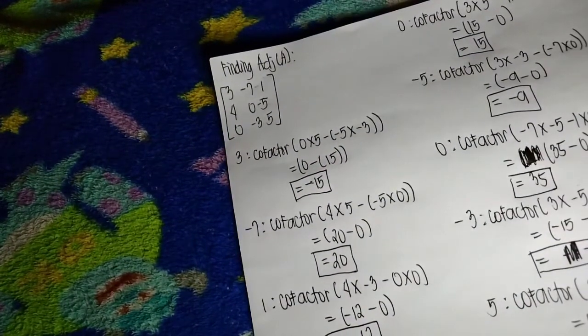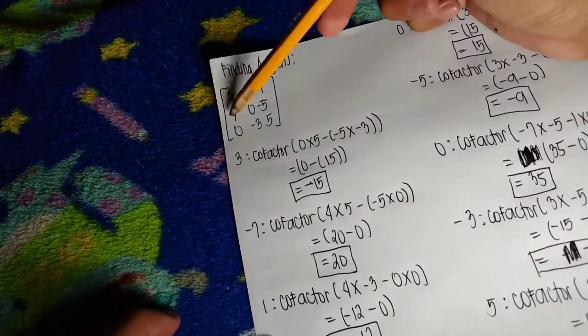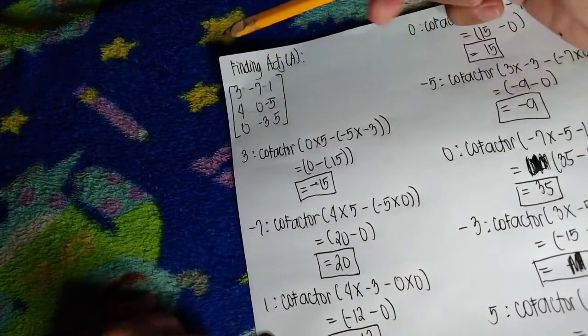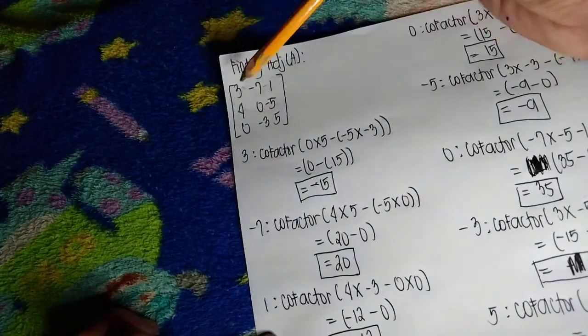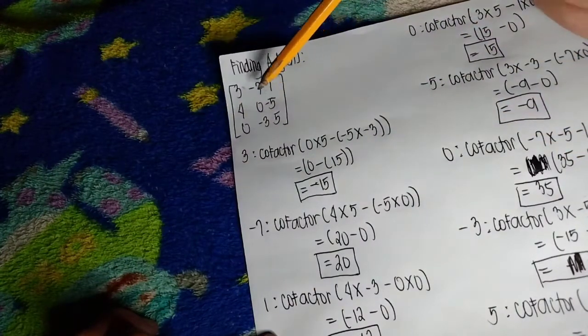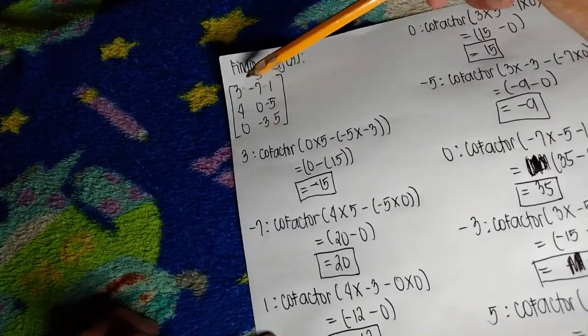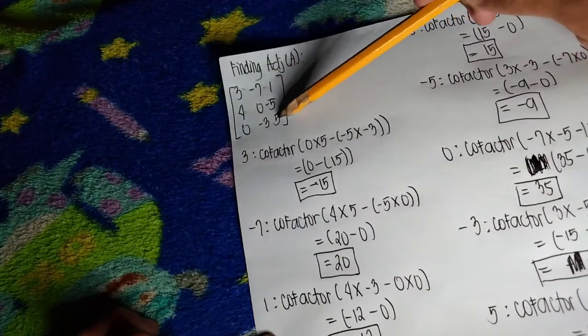So first row ang ating uunahin, tsaka second row and third row. In first row, our number is 3. So 3, i-cover mo lang yan. Same sa method sa determinant, i-cover mo lang. Pero ito lang ang i-compute mo. Ang kanyang mga cofactor lang. Ang cofactor niya is negative 7 and 5.